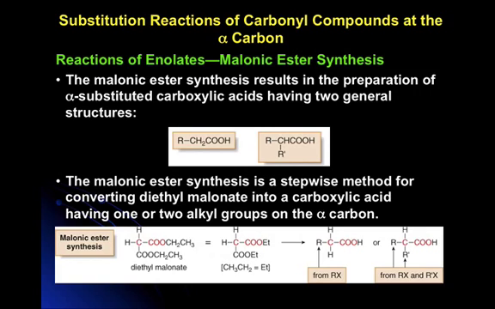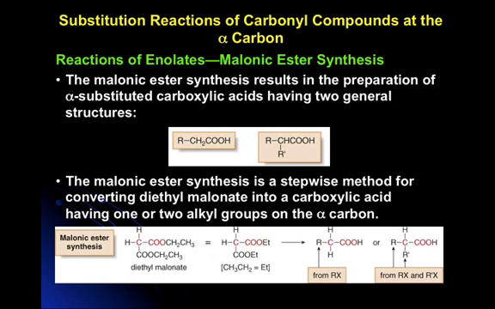And we can make new carbon-carbon bonds. And for what we do in my lab, that's good enough. That's what we need. We need these diesters, as we call them.